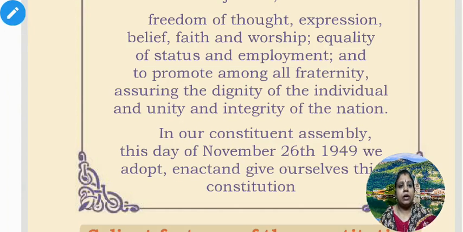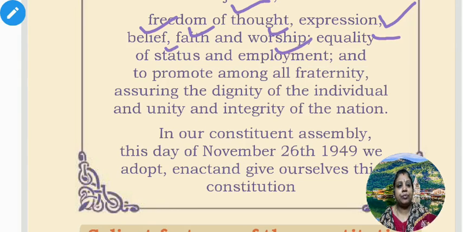Second point, under the preamble, freedom of thought, expression, belief, faith and worship is mentioned, along with equality of status and opportunity, and to promote among all fraternity, assuring the dignity of the individual and the unity and integrity of the nation.